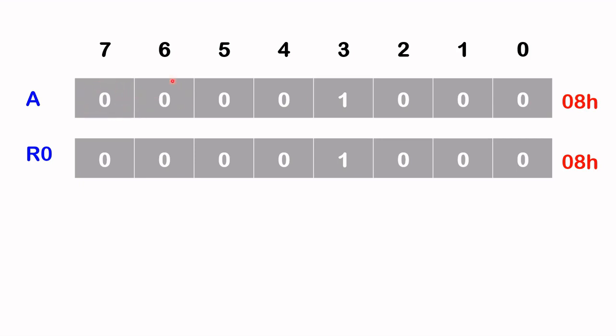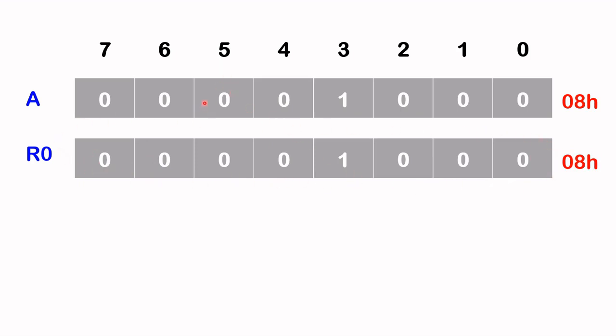That would be 0 0 0 0 for the 0 here, and 1 0 0 0, which is the 8. Now in R0 I'm going to copy also 08 hexa, so the binary equivalent would be this.